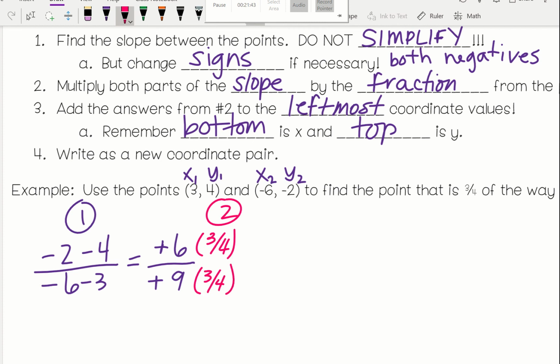Get it as a decimal, just because that's going to make things easier on you in the long run. So what's 3/4 of 6? 4.5. 3/4 of 9? 6.75.